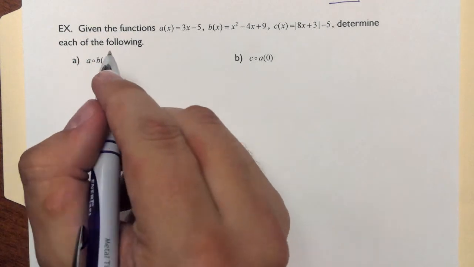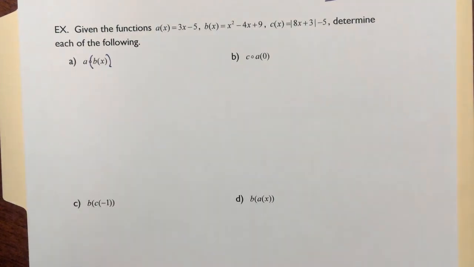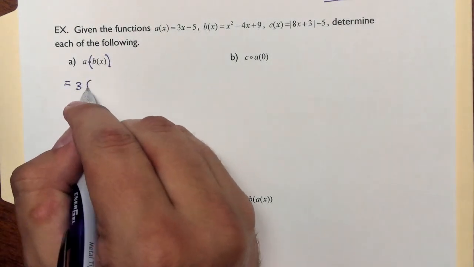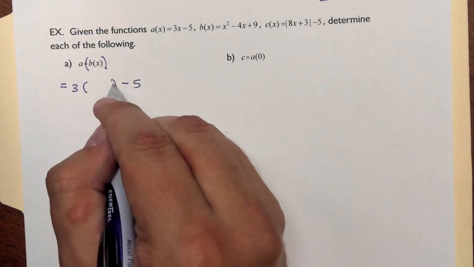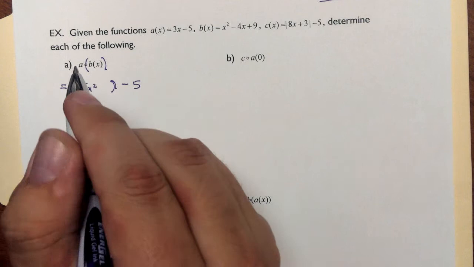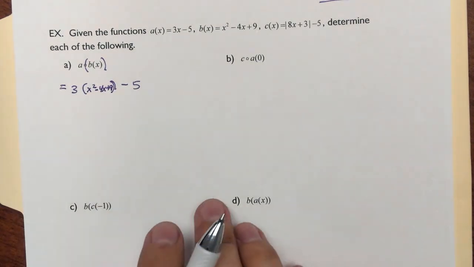A composed with b of x, and again, if you want to, you can just rewrite this or even write over it. That means the same as a of b of x. That means I take a, which is right here, and in place of x, I'm going to write the rule for b. I probably should have given myself a little bit more room. Going to be a little tight.